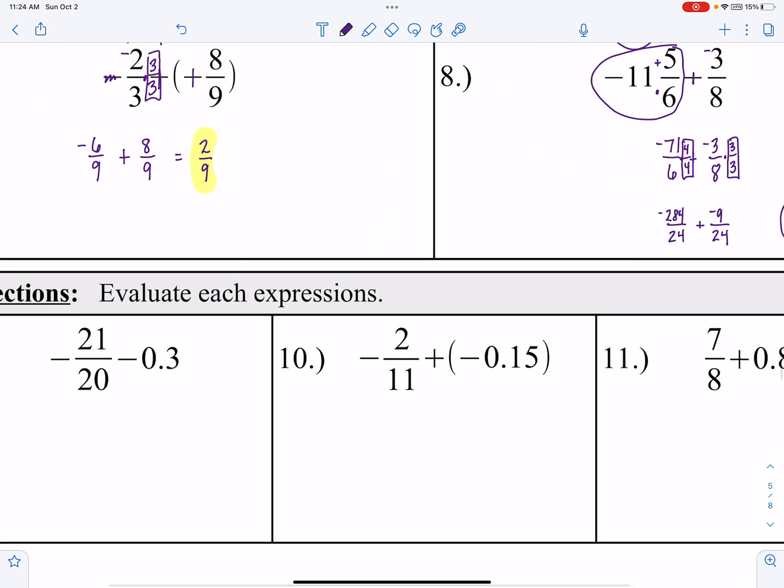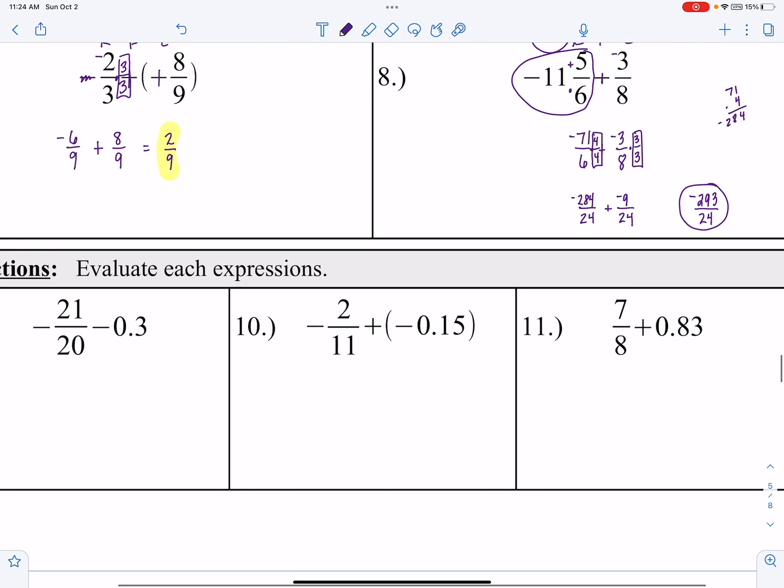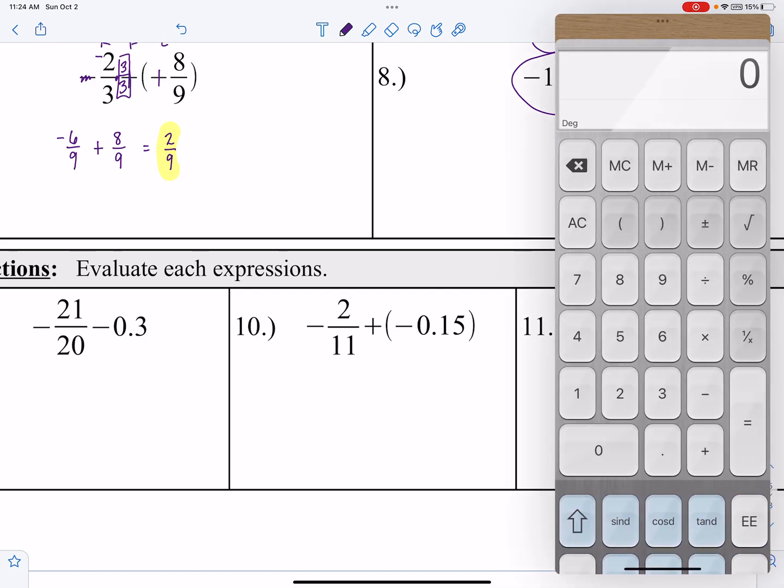All right, so we have a negative 21/20 minus 0.3. I don't know what 21/20 is as a decimal, but let's pull that calculator out and see if it makes a terminating decimal. If it does, that would be nice for us, and it does. It's 1.05.